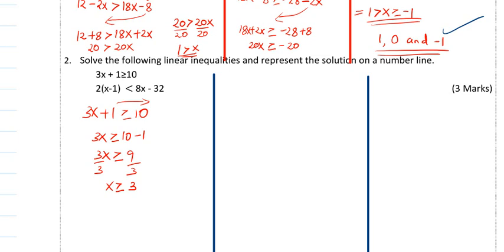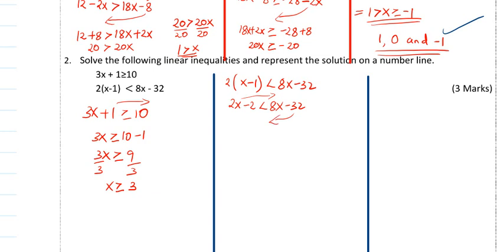Now we solve the next linear inequality, which is 2 into bracket x minus 1 is less than 8x minus 32. We open the bracket and multiply 2 with everything inside. This one will be 2x minus 2 is less than 8x minus 32. We collect like terms together. We take 2x to the other side and bring -32 to the left hand side.